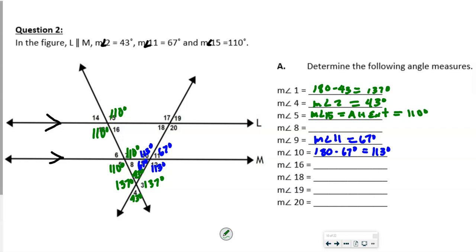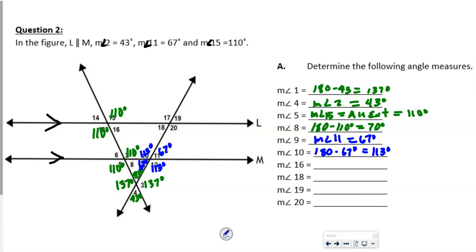And then 8 is a linear pair to 7. So we could do 180 minus 110. That's equal to 70, okay? So both 8, sorry, let's see if we can fix that.